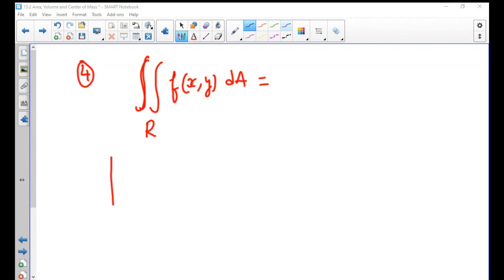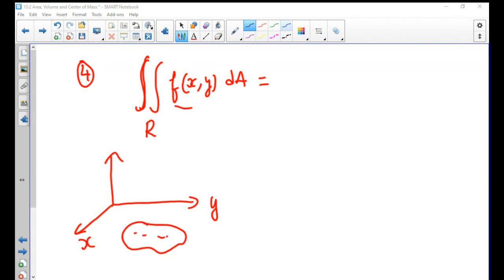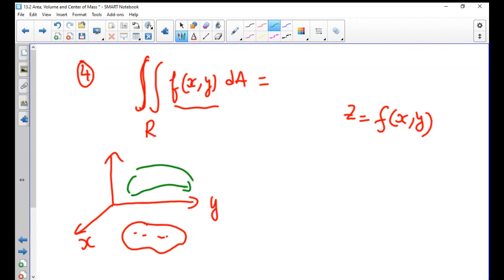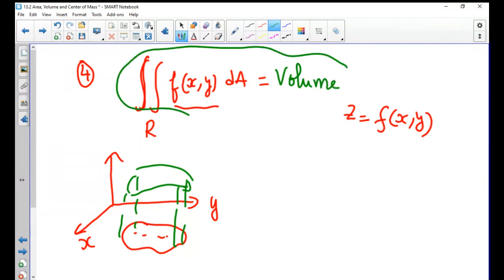If you have a region R in the xy plane, and in this region you have a function f, so z equals f of x y, so it's going to be its graph, maybe something like this, then this integral actually represents a volume, this volume here.